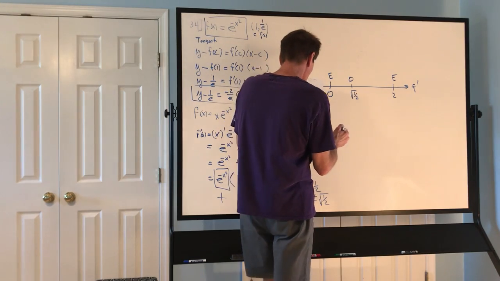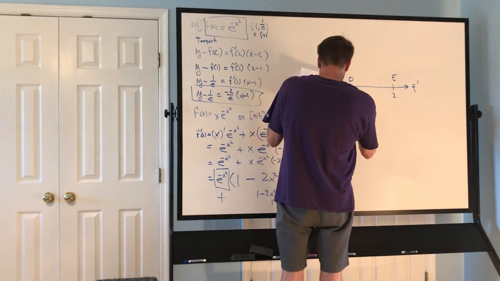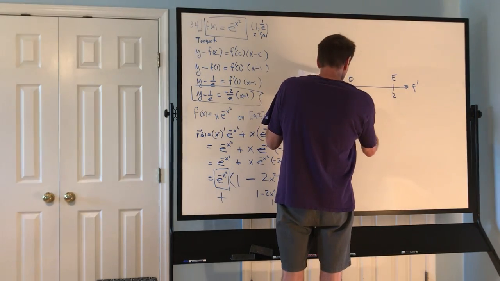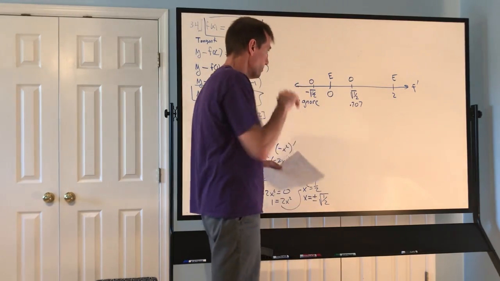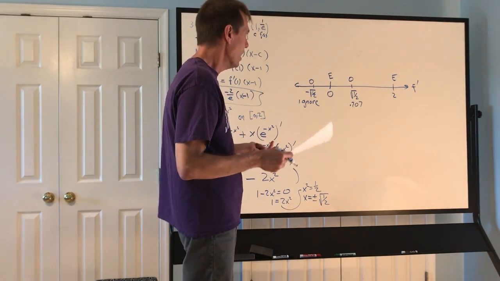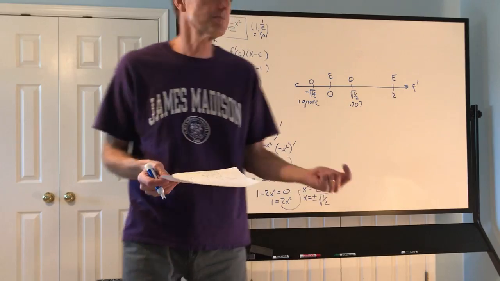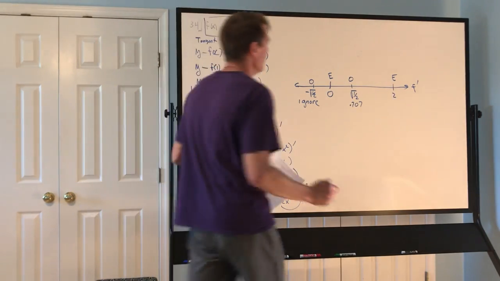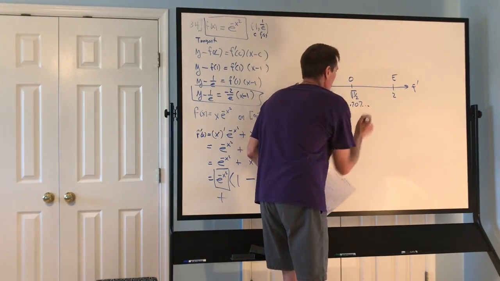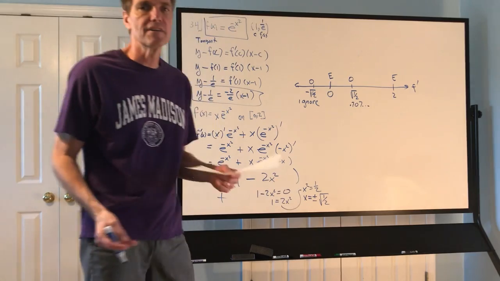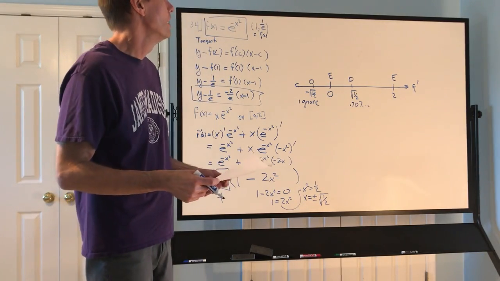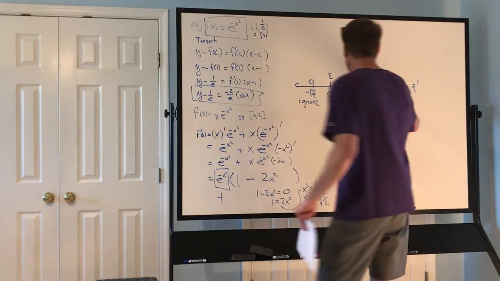I think it was maybe 0.707, something like that. 0.707, and then a lot more decimals follow, like an infinite number. Okay, I can test with 1.